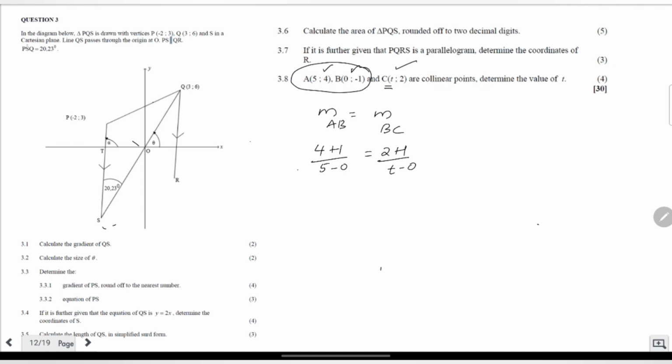You see that one? Now cross multiply and find the value of t, which is going to be 4 plus 1 is 5, times t, equal to 5 times 2 plus 1, which is 3.